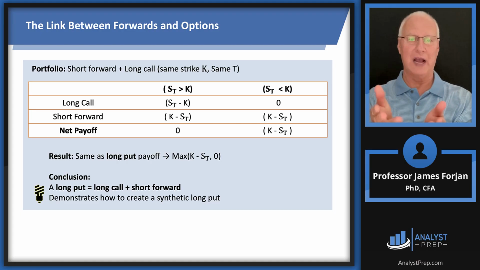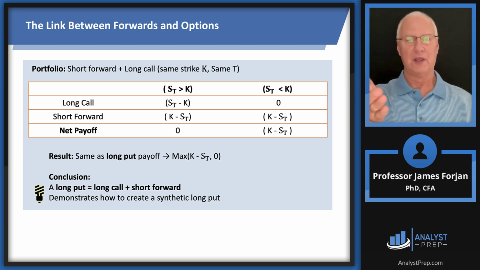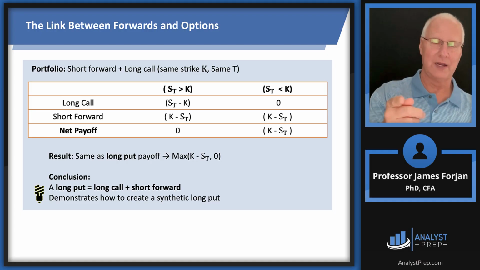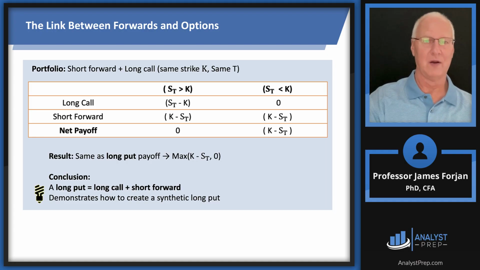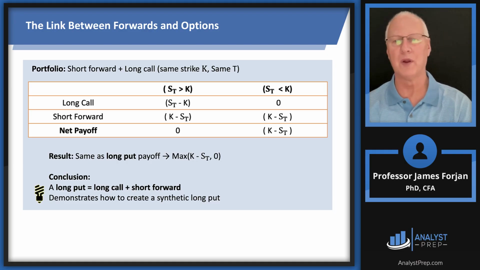Well, notice that we've got STs and Ks in there, and what we can do is add those together. And of course, ST minus ST, right? And minus K plus K, well, those cancel out, right? They're zero if the stock price is greater than the exercise price.